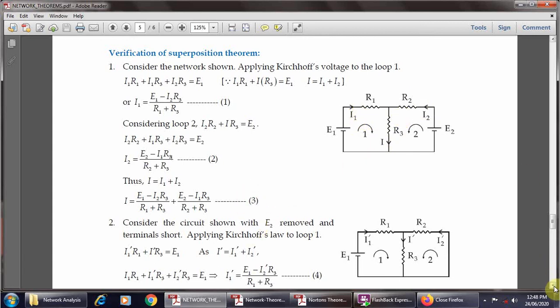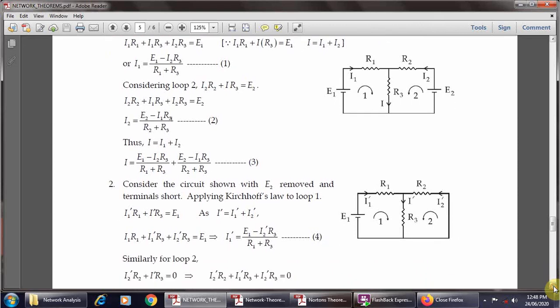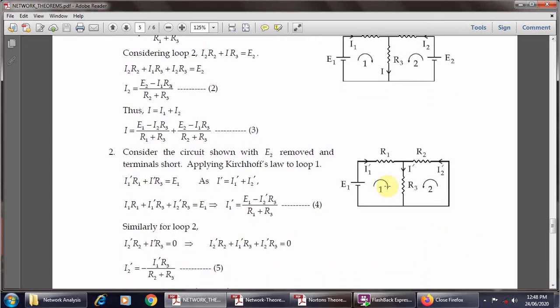Consider the circuit as shown in the figure. Here E2 is removed; in the first case E2 is removed. Whatever total current we have calculated, we form the equation I is equal to E1 minus I2 R3 upon R1 plus R3, plus E2 minus I1 R3 upon R2 plus R3.